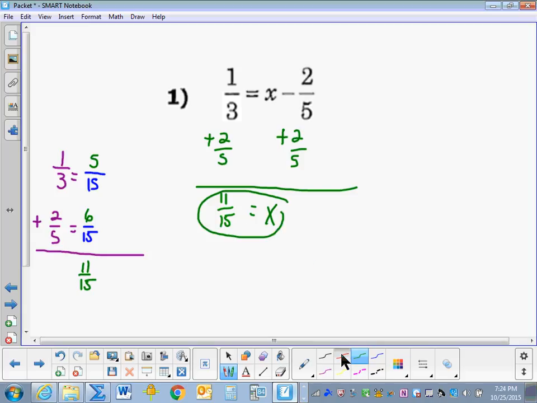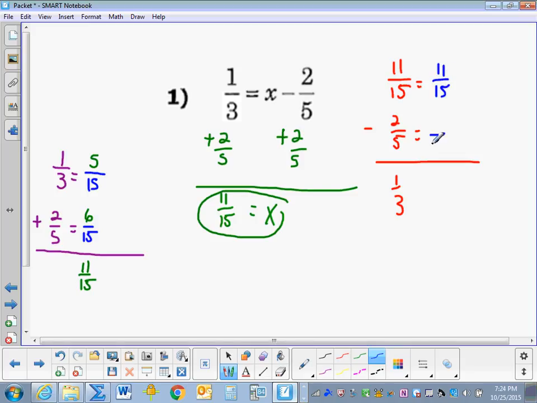All right, so let's check this one. 11/15 minus 2/5. Does that equal 1/3? So let's convert. The least common denominator here is 15. So we'll leave that one as 11/15.